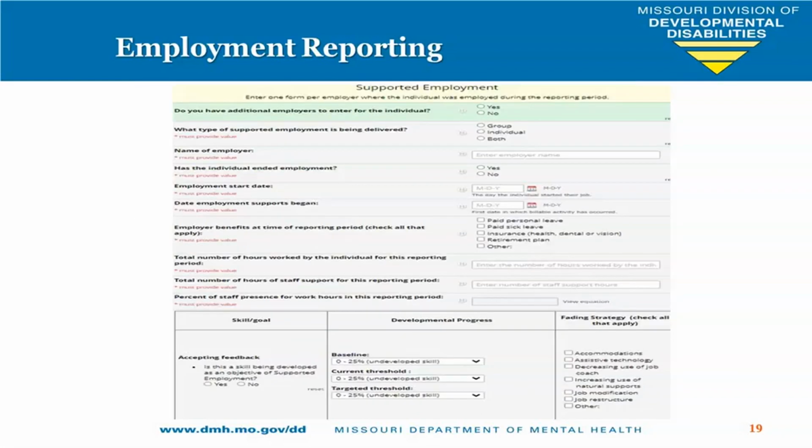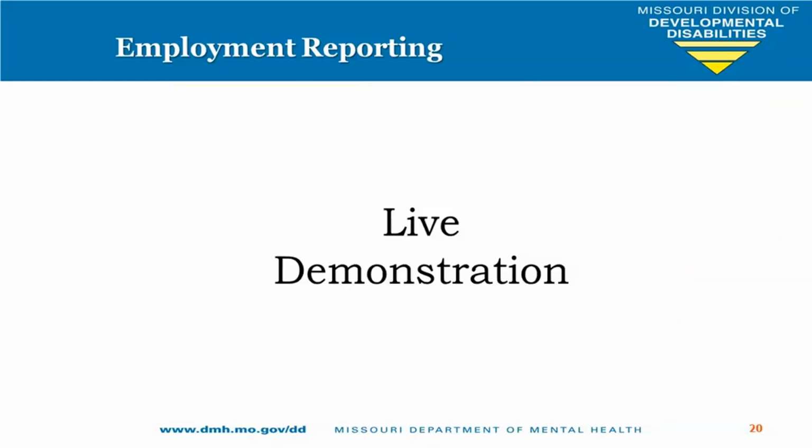And then in supported employment, there are questions focused on whether the individual is in a group or individual setting, and whether or not the individual continues to be employed. If they're employed with multiple employers, what types of benefits may be available from that employer. And then towards the bottom of the screen, it begins to get into the specific skills that are being developed and how the individual is progressing towards that skill development.